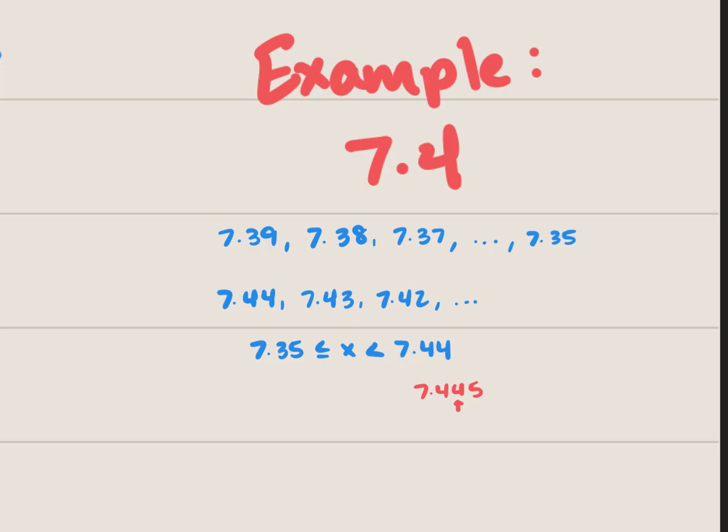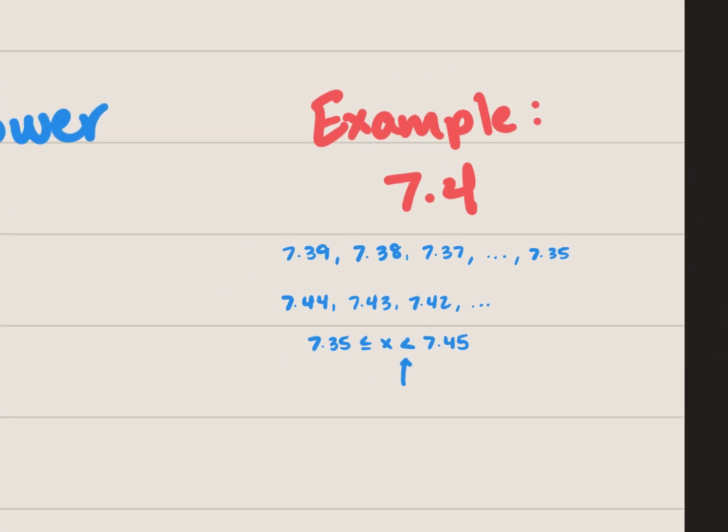So what we do is we put our upper boundary as 7.45. This is why we put a strictly less than sign here. That strictly less than sign is saying everything underneath 7.45 would round down to 7.4, but it excludes 7.45, because 7.45 would actually round up, not down.